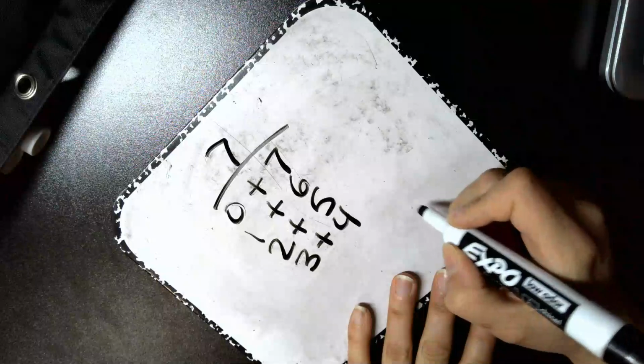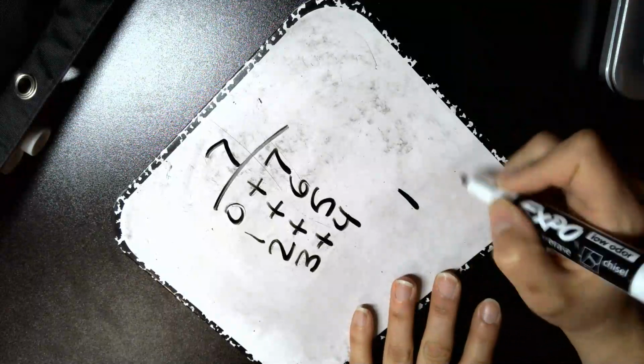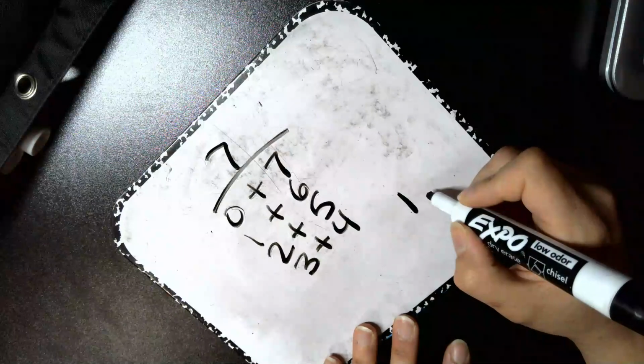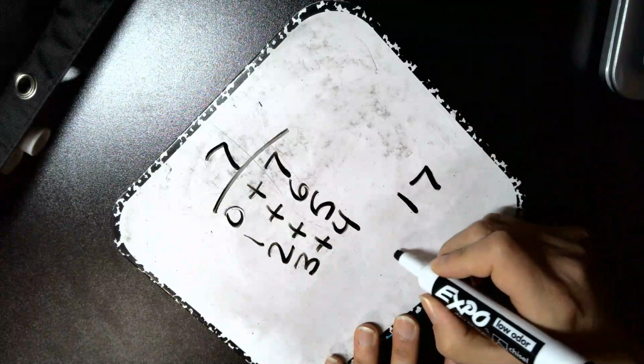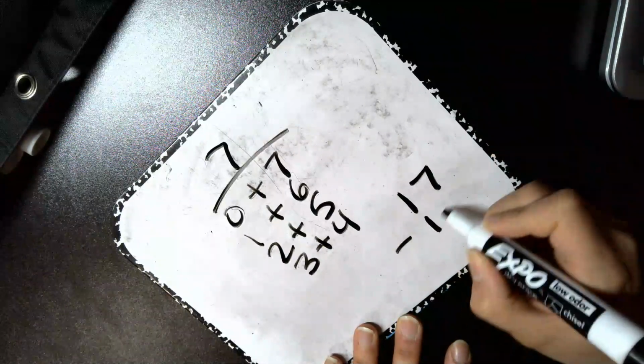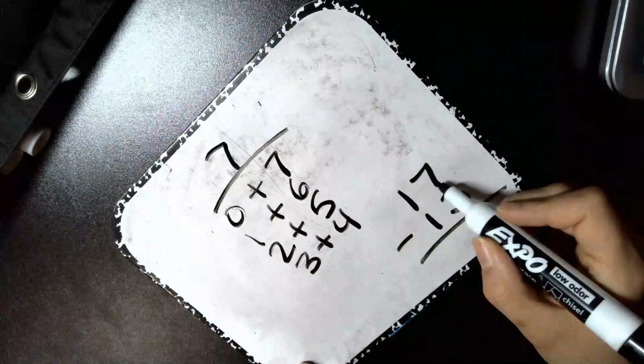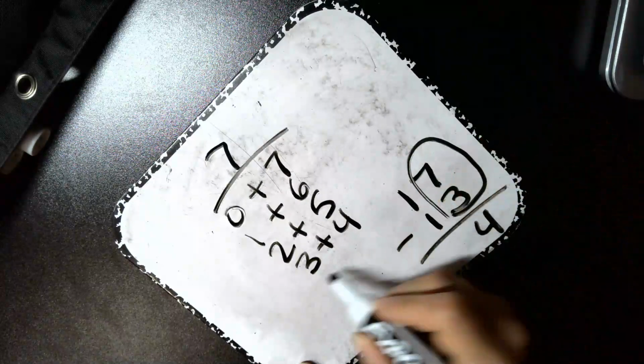So these are all the factors of 7. So when you have something like 17 minus 13, you know that's 4. You don't even have to think about it because you know your factors right there, 3 and 4. Okay?